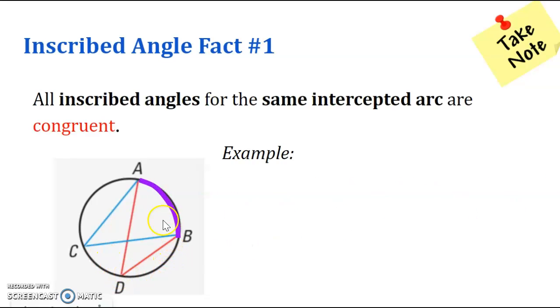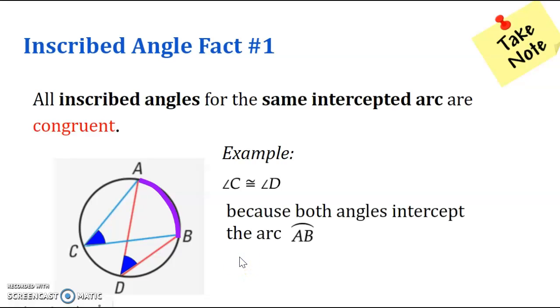Example: arc AB is intercepted by angle D and angle C. So angle C measure and angle D measure are congruent because both angles intercept arc AB. They are intercepting the same arc.